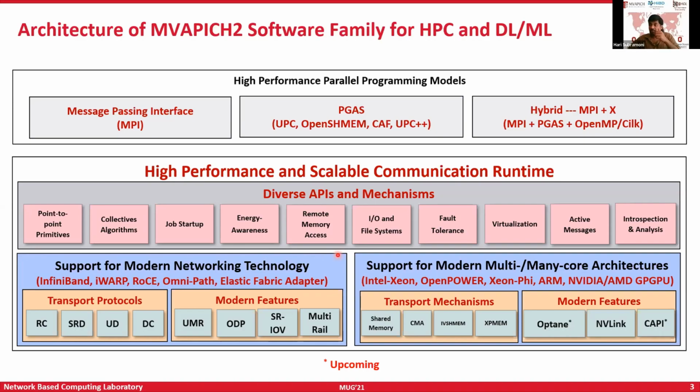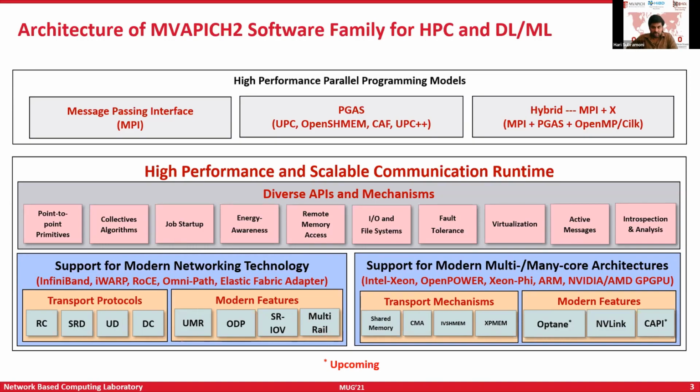Let's say a vendor comes up with support for a new internode transport protocol, or a collective offload protocol, or an intranode transport mechanism; we try to see how we can take advantage of all of these features. For instance, XPMEM or NVLink, the DC transport that Deva was talking about earlier in the morning, or user mode memory registration support for performing advanced data type transfers, using multiple network adapters to parallelize and speed up transfers.